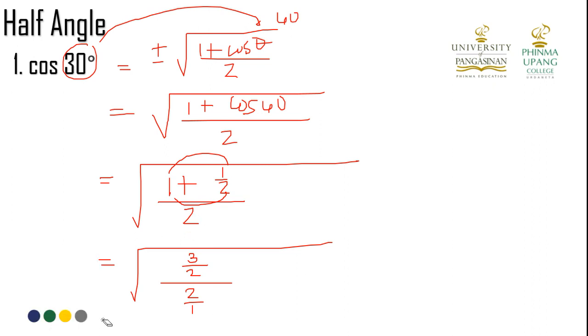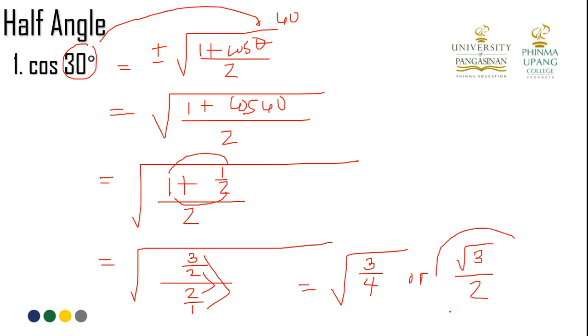So nilagay ko lang para ano natin yung inside, then outside. Okay? Palagay ko dito, magiging 3 all over 4 or magiging square root of 3 all over 2 na. Kasi nga, yung 4 is perfect square number. So, we need to simplify.